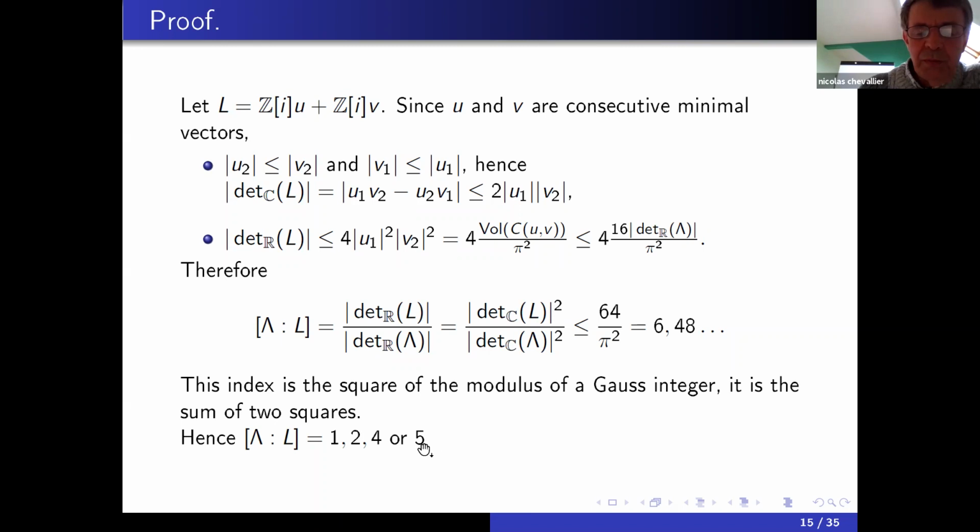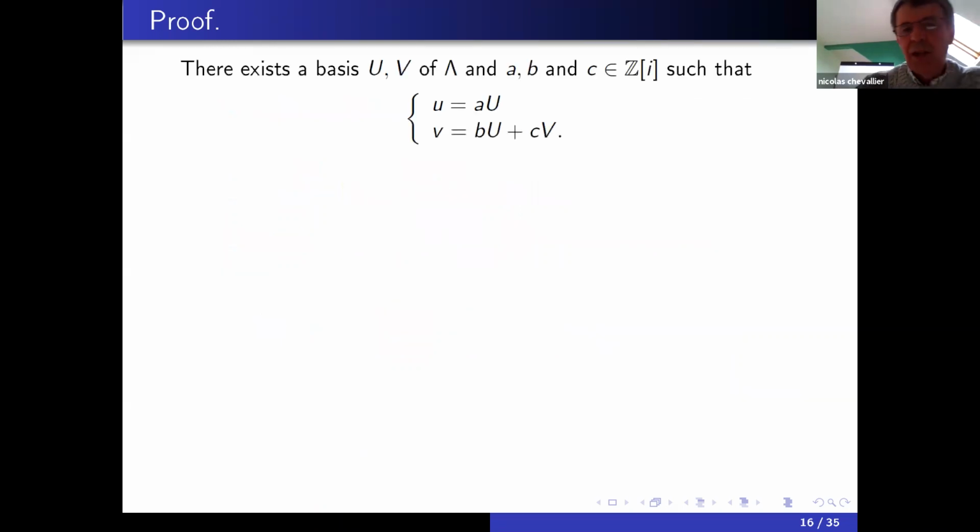And what we want to prove is that 4 or 5 is impossible. I just explained not entirely this thing, but a part of this thing. Since the Gaussian integers form a Euclidean ring, it means that we can find a basis capital U, capital V of lambda and Gaussian integers A, B, and C such that small u, small v have the following shape here.